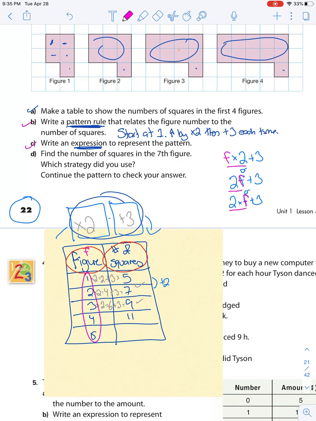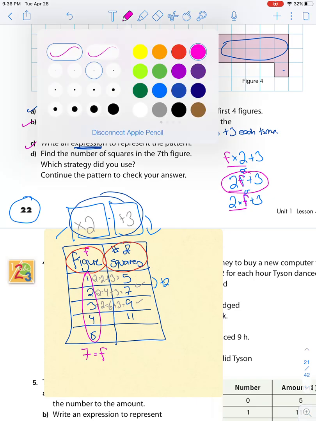So we've done those ones. And then write the number of squares that would be in the 7th figure. Okay, right on. So if f was equal to 7, what would it be? So what I'm going to do here, I'm going to show this by using this one, okay?